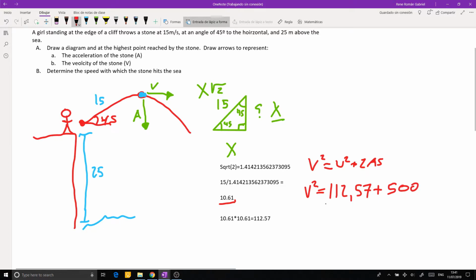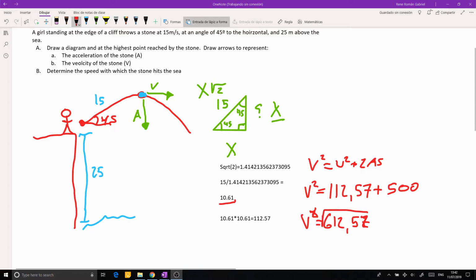So now we would add them up. So v squared equals 612.57. And now if we want to take this square out, what we do is put the square root here.